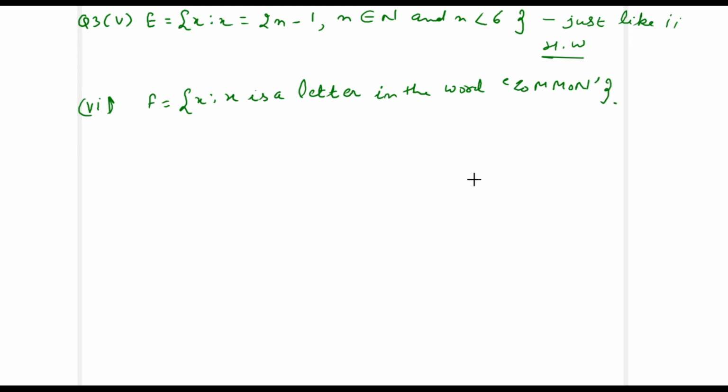Now this is quite simple. Common has two m's, we will take 1 m, two o's, we will take 1 o, right? Therefore in roster form it will be written as F equal to {C, O, M, N}, and its cardinal number would be n(F) equal to 4.